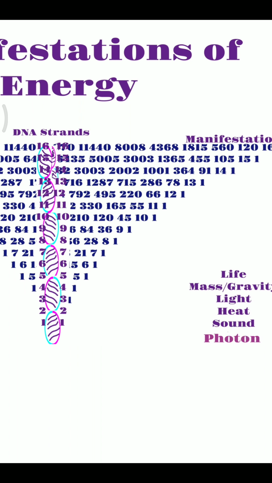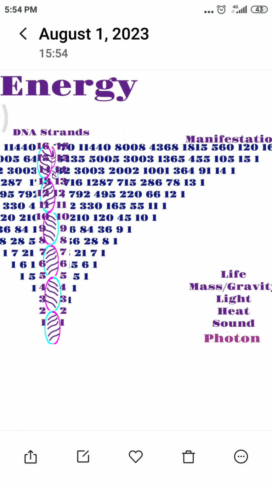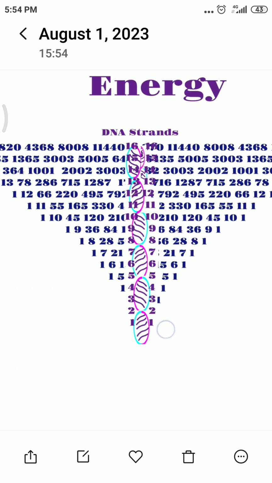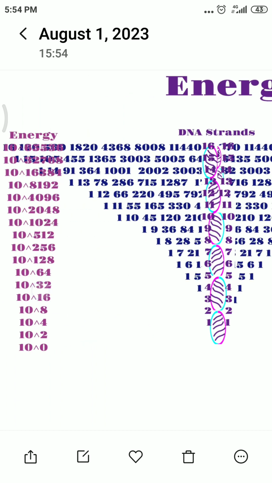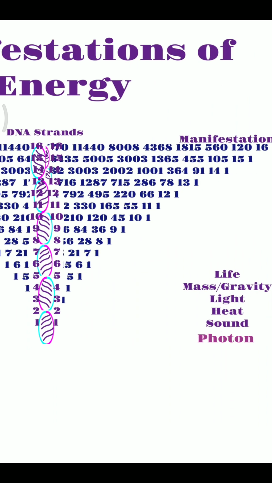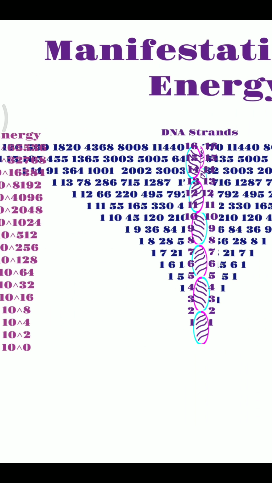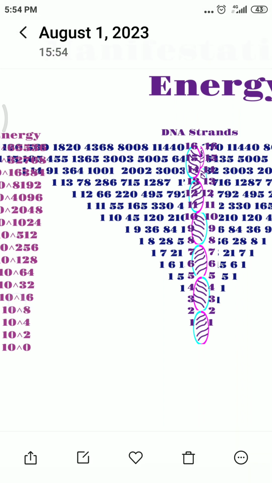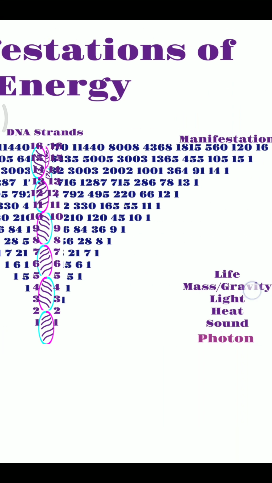One kind of energy. All together, in entangled form, they represent one particular organized energy. And if you go on looking at that, 10 raised to 8 is light. 10 raised to 16 is, of course, mass.